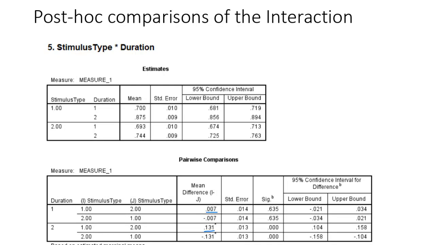And so that's where the significance is coming from. Whereas the difference is smaller between pictures and sounds at the 1-second duration, which is 0.635. So that's not significant. Does that make sense? And these post hoc comparisons are called Bonferroni comparisons.